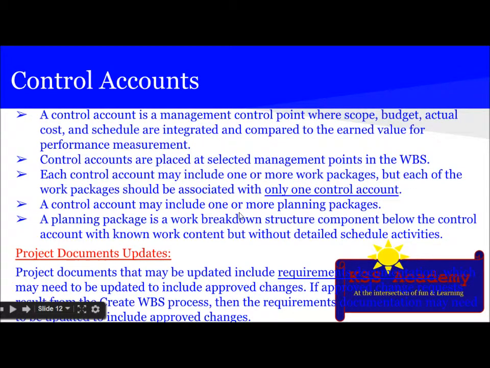A control account may include one or more planning packages. A planning package is a work breakdown structure component below the control account with known work content but without detailed schedule activities.